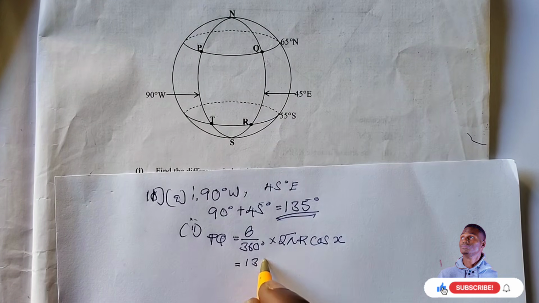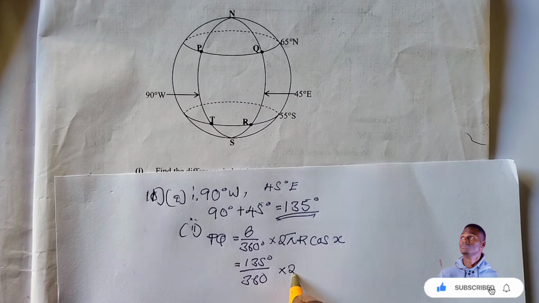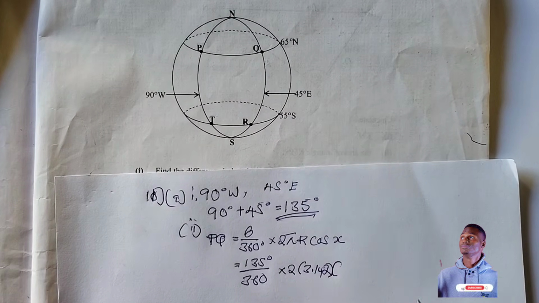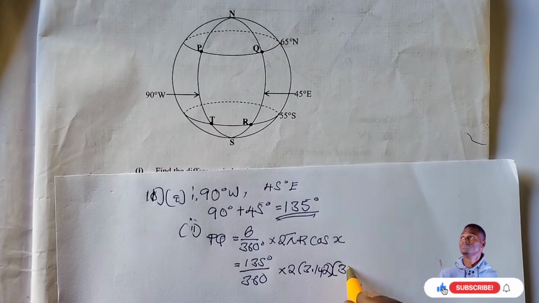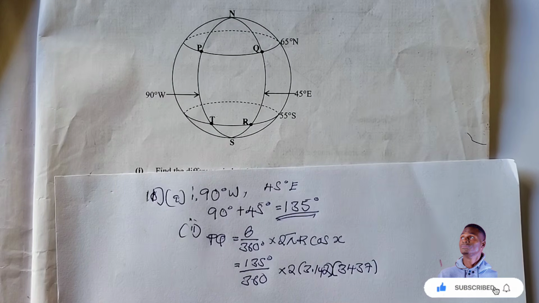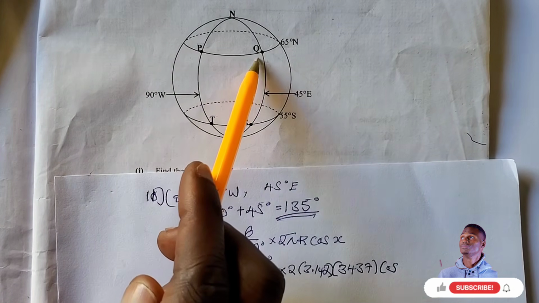Then let's substitute. 135 degrees over 360 times 2 times 3.142 times the radius, which we are given in nautical miles as 3437, multiplied by cos x. What is x? X is the latitude on which P and Q are.